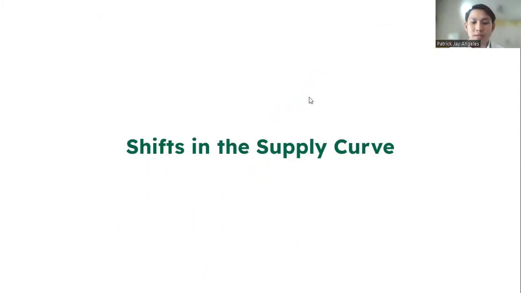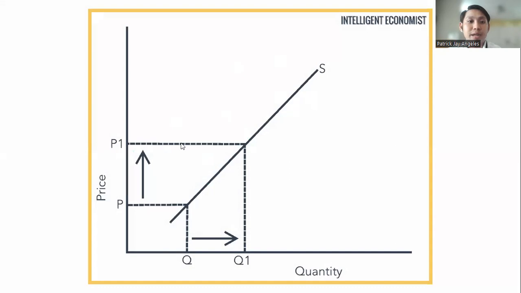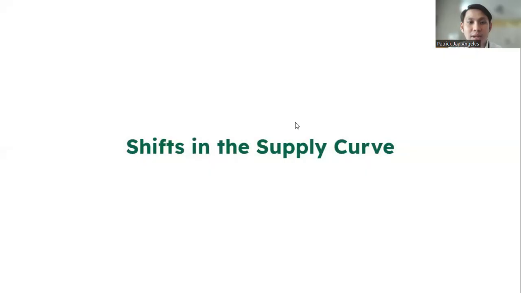Now, let's talk about the shifts in the supply curve, because we discussed that there are factors affecting the changes in supply. The raw materials, the inputs, the taxes, the expectations, and also technology are not indicated here. This one is for quantity supplied, but this one is for the supply curve itself.